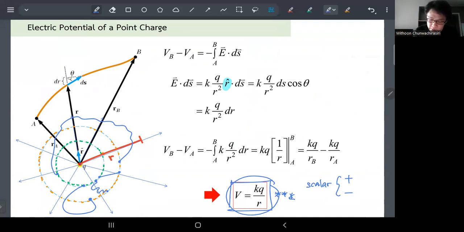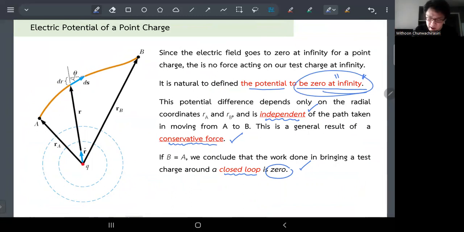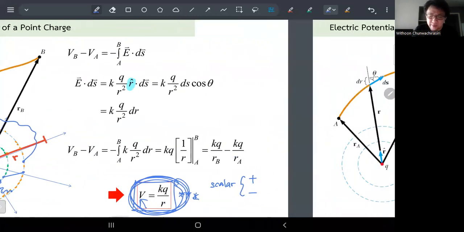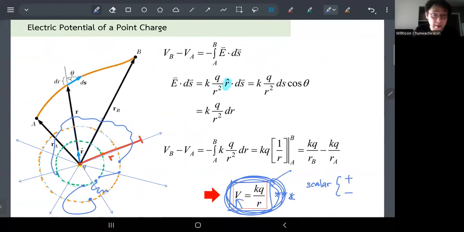That's why, for you to use this formula to tell everyone, hey, this is my potential from a single point charge Q at a distance r, you already imply that you set potential to be 0 at infinity. That is your reference. That's it. The reason I said that's it is because it's annoying that you have to have that clause saying potential is 0 at infinity, so you will be able to use this formula.